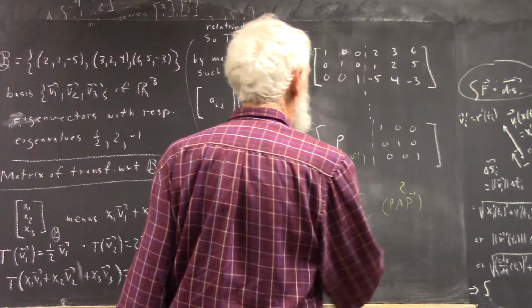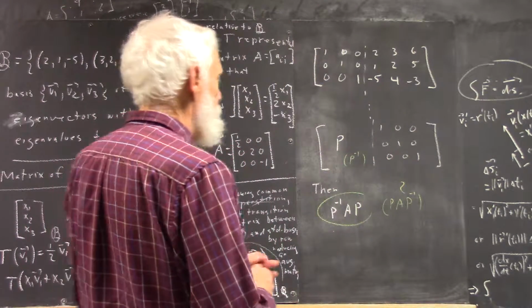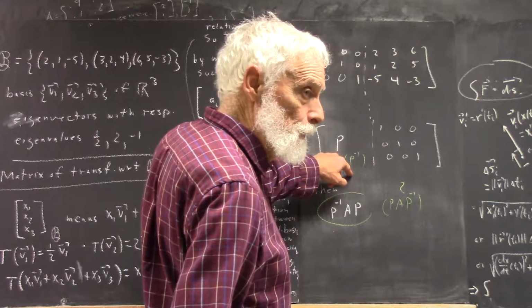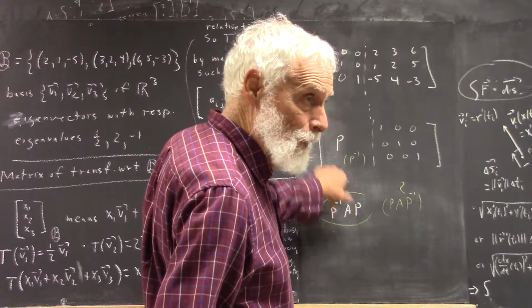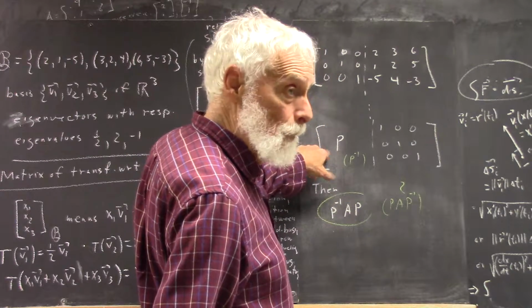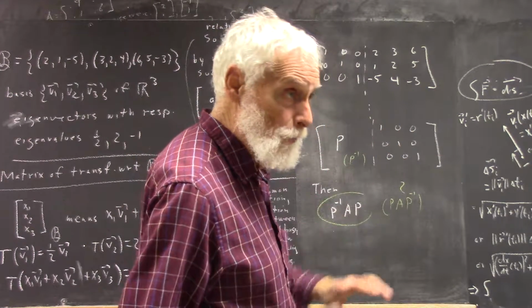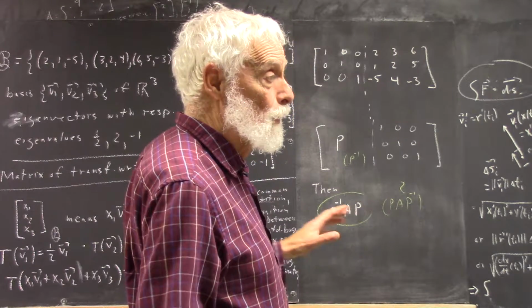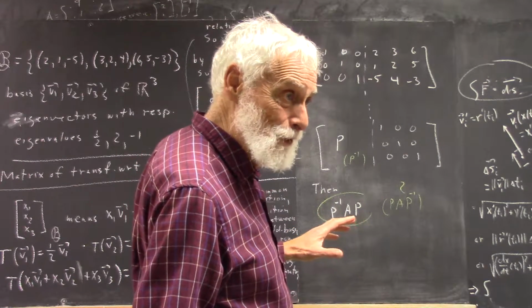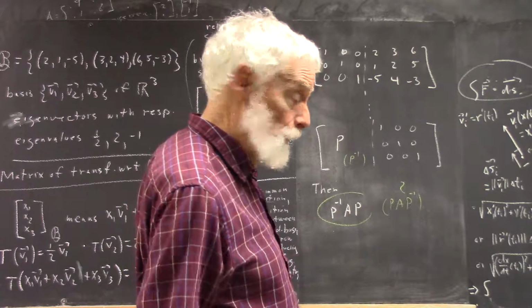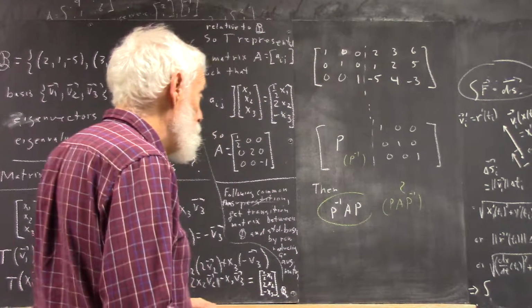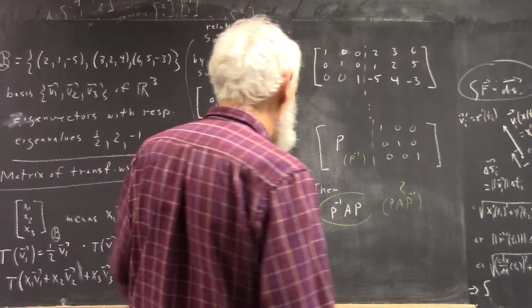Well, it's going to be P inverse AP, and it's P here or P inverse here, according to which one does the job right. The matrix you got here transforms what to what, and I want you to think that through. Not because I don't want to think it through, but I want to take time to think it through right now, and I'm going to rely on you to do that.